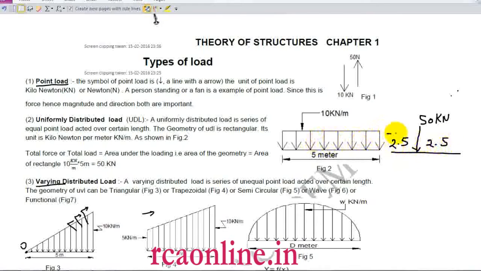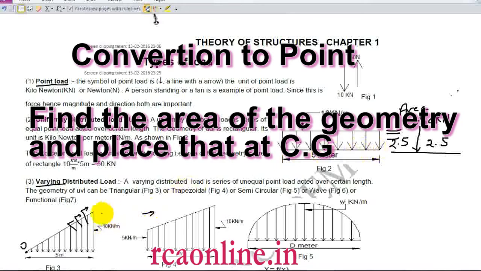So this is my equivalent point load for the rectangle. Whenever I have a rectangle and need to convert it to a point load, I put a point load of value equal to the area of the rectangle at the center of gravity.